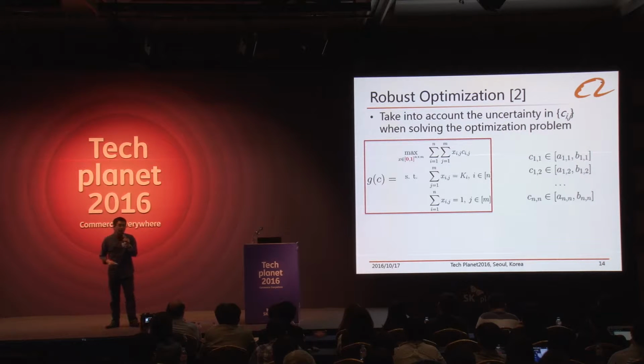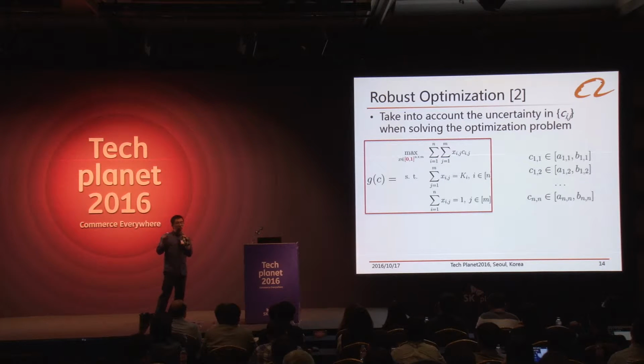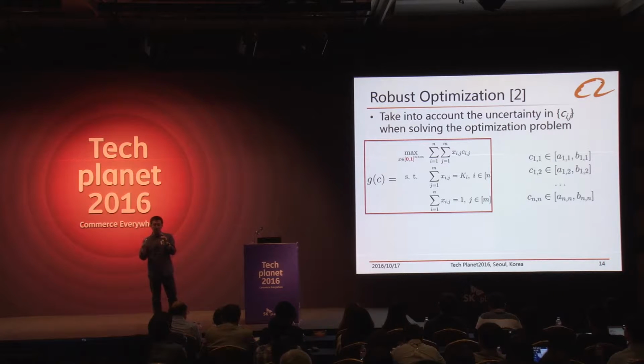So in many cases, even though you do not have an accurate estimation about the reward, most of the time you can come up with an interval. You cannot exactly pin down the value of CIJ, but you actually know the range that CIJ can fall into.